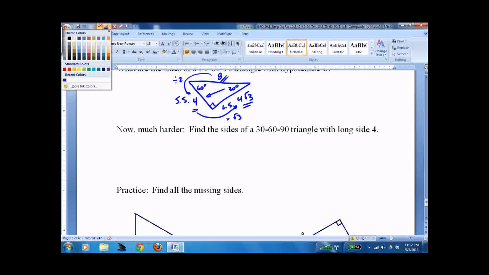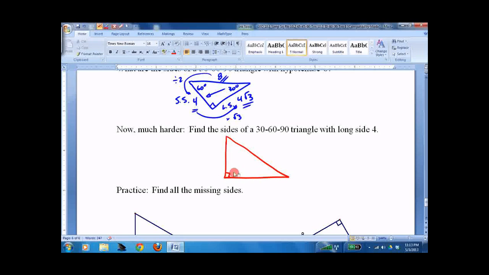Now, this is the challenging one because you've got to do a little bit of math until you memorize it. 30 degrees, 60 degrees, and we said the long side is 4. This is the long side, short side, hypotenuse.